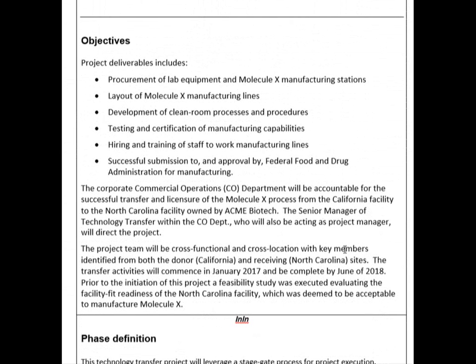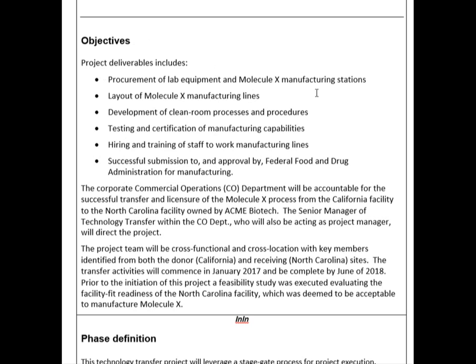Why is that important? In every organization, projects are competing for resources, whether it's budget or staff, and the best project justification gets the funding to continue. So here under our objectives, we have our project deliverables.